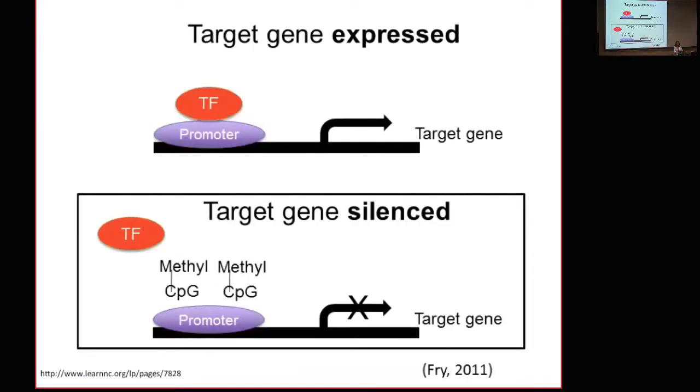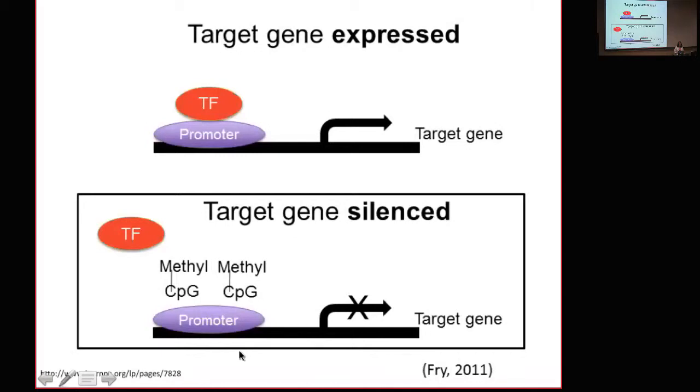So I mentioned DNA methylation is involved in controlling gene expression. In general, when you have a transcription factor, it can bind to a promoter region of a gene, and then it will turn on the gene, essentially translating the DNA into RNA.